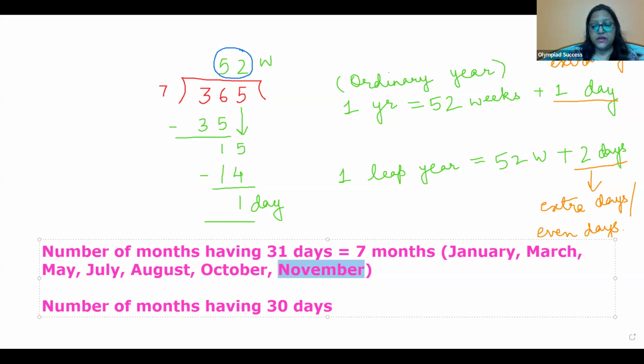Whereas November is having 30 days. Now, number of months having 30 days, we have only 4 months.